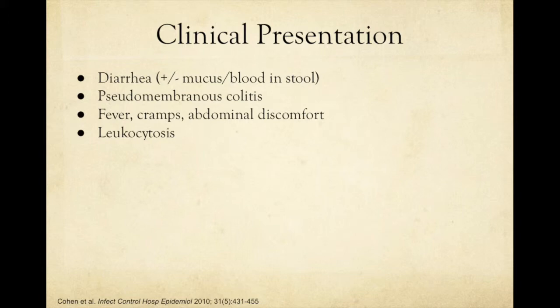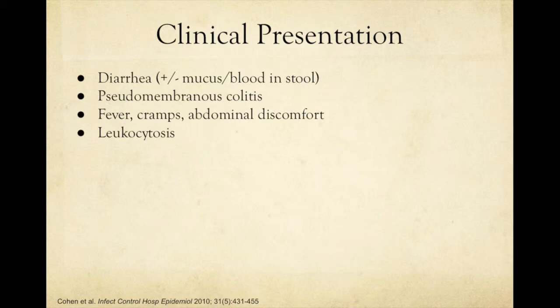With clinical presentation for CDI, it can range from asymptomatic to mild or moderate diarrhea. It can go as far as fulminant or even sometimes fatal pseudomembranous colitis. C. difficile diarrhea may be associated with signs of mucus or blood in the stool, but these are sometimes rare.